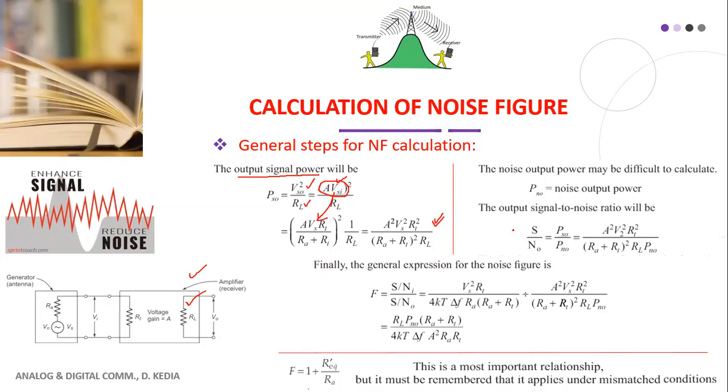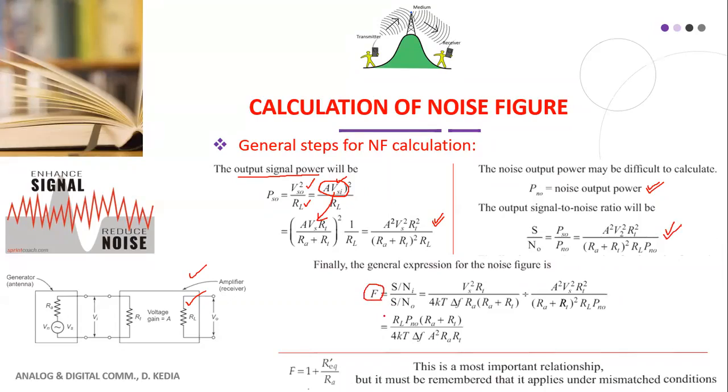Okay. Then, as I told you, output noise power is not that simple to calculate. So here we assume that output noise power is nothing but PNO. So your output signal to noise ratio will be PSO by PNO. And if you substitute, this is the final thing that you get as output signal to noise ratio. And finally, what we want is the noise figure.